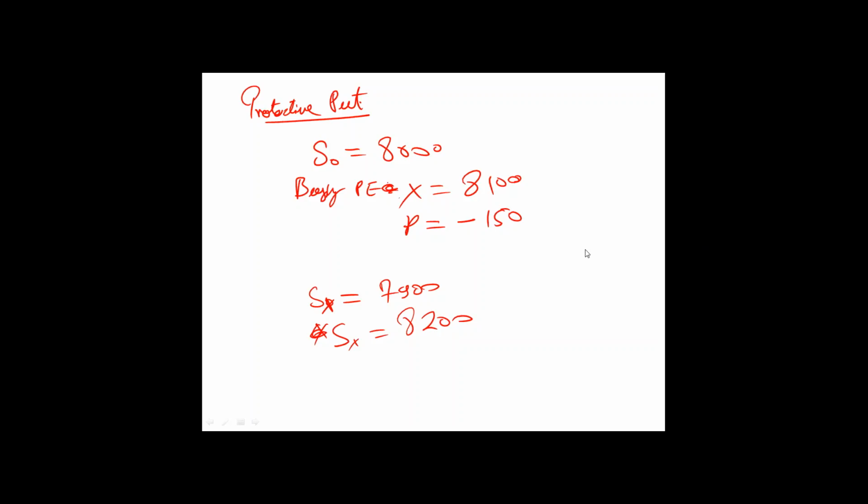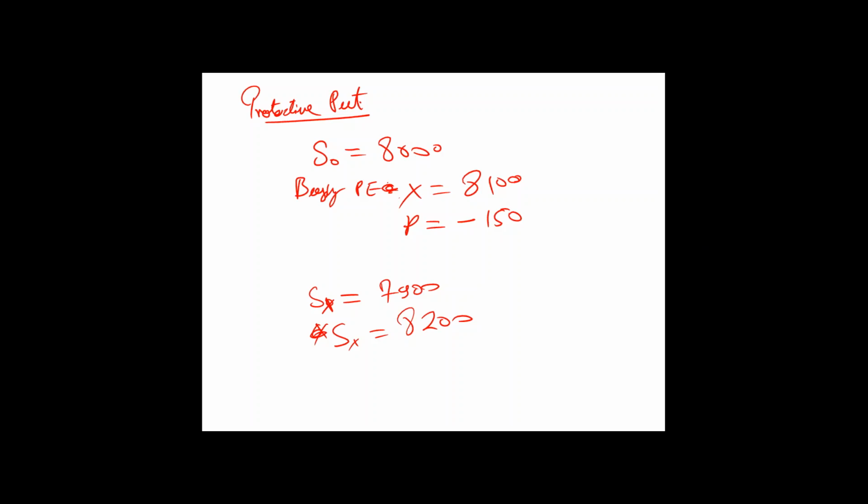So let's suppose, with the same example, I put one more condition. Let's suppose, not the same example, I'll give you another question. Suppose you think that the Nifty index will remain anywhere between 7200, which is the low, and 7800.